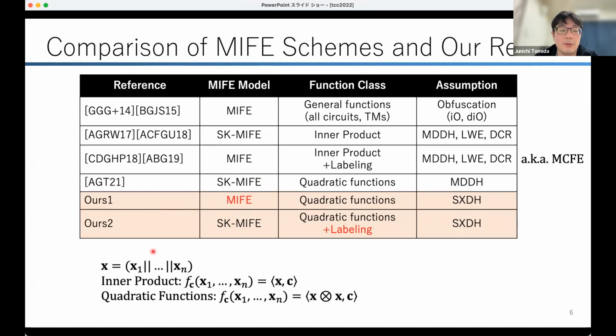And our second contribution is a construction of SK-MIFE for quadratic functions plus labeling, like multi-client functional encryption. But achieving these properties simultaneously is still an open problem. Due to the time constraint, I will focus on the first contribution in this talk.